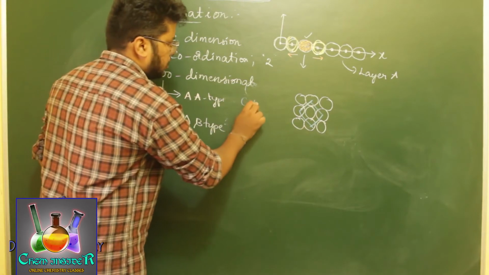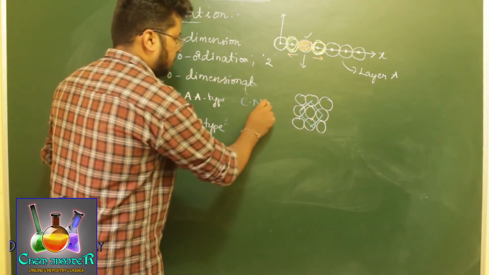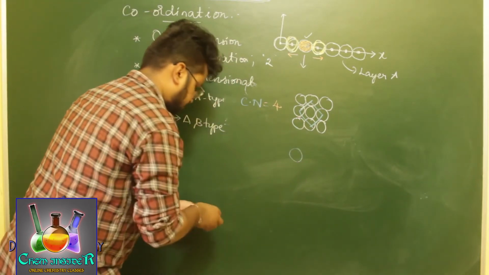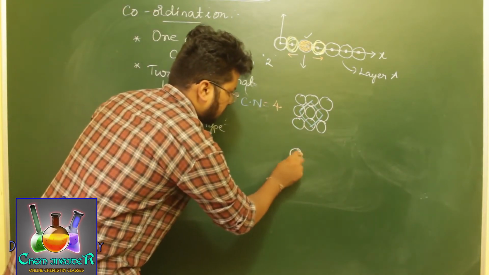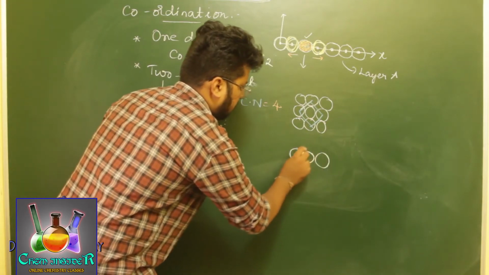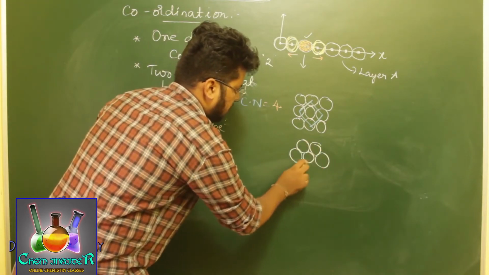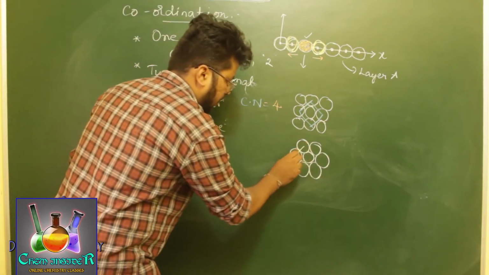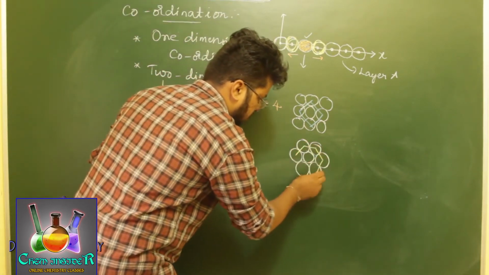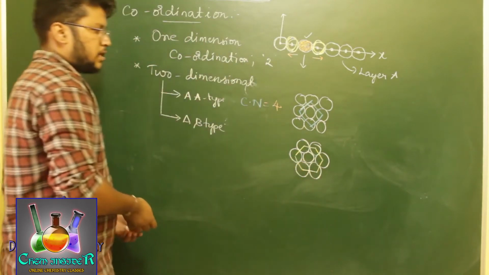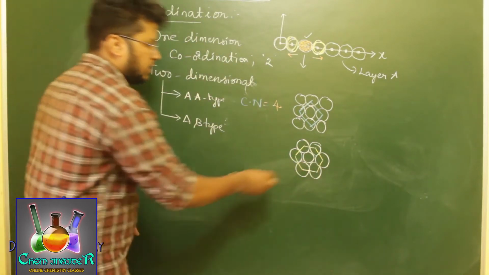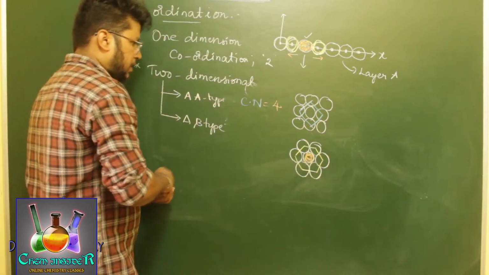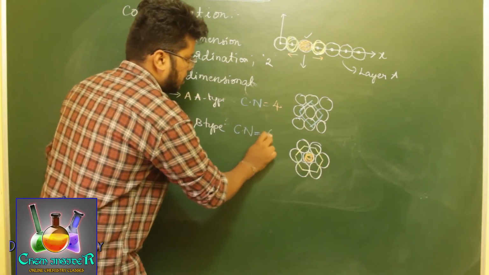So the coordination number for AA type is 4, whereas for AB type of arrangement, we have 6 atoms surrounding each atom. Therefore the coordination number for AB type is 6.